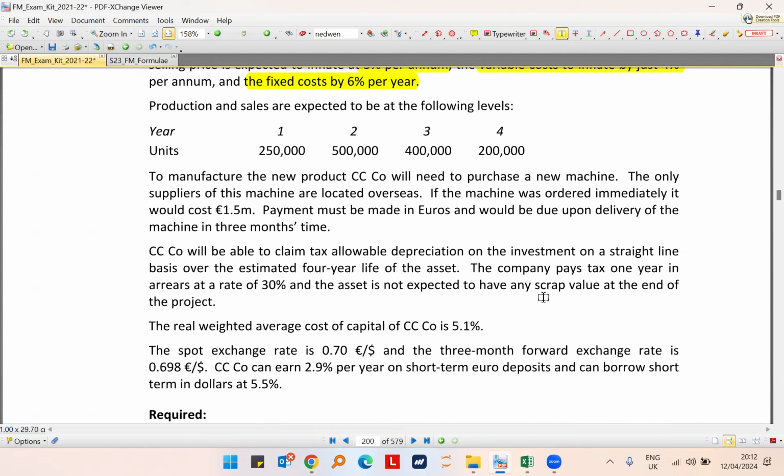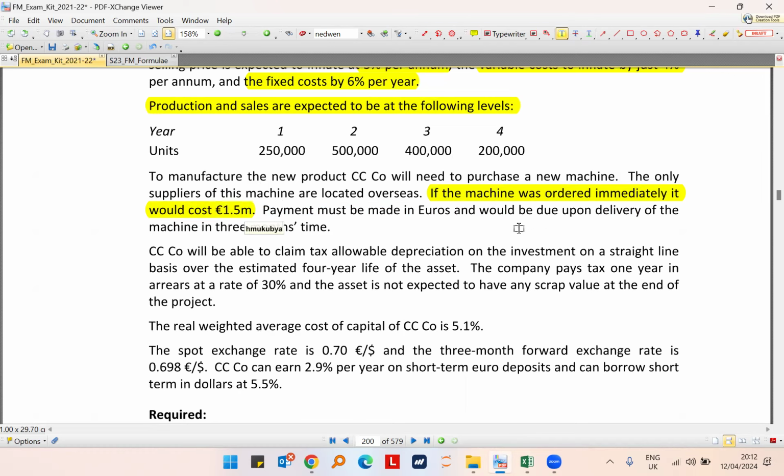This is what we have been given for the production and sales level for the following 4 years. But to manufacture the product, we shall buy a new machine, and the supplier of the machine is overseas. If we order it immediately right now, we would pay 1.5 million euros.